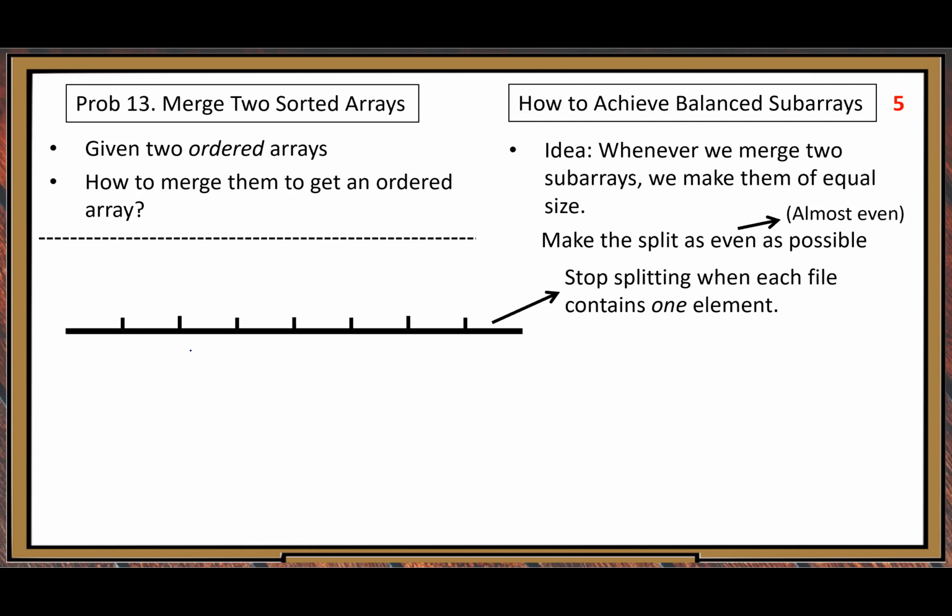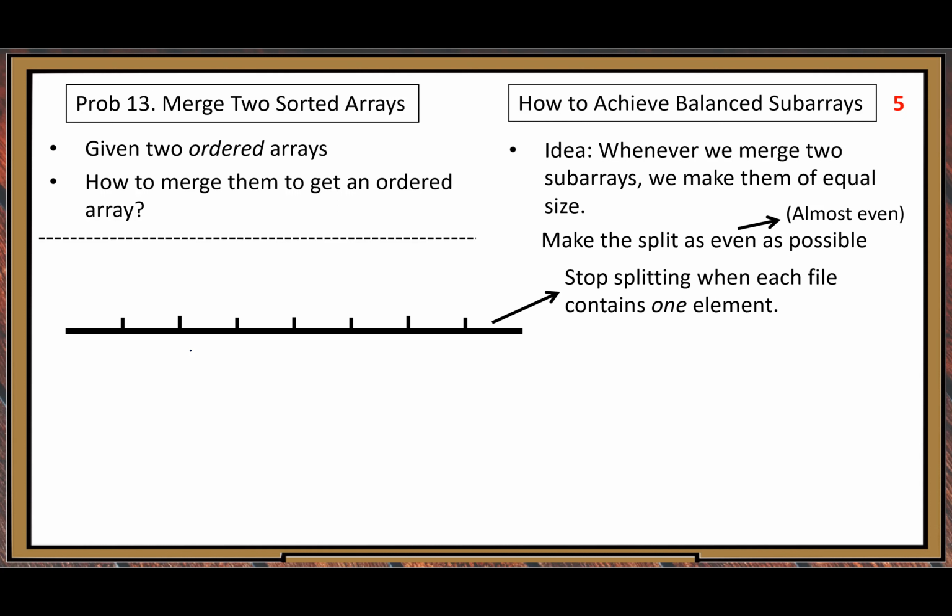But we have to stop splitting somewhere, because when you have a one element subarray, you cannot split, right? At the end, all the subarrays are one element arrays, so you have to stop.